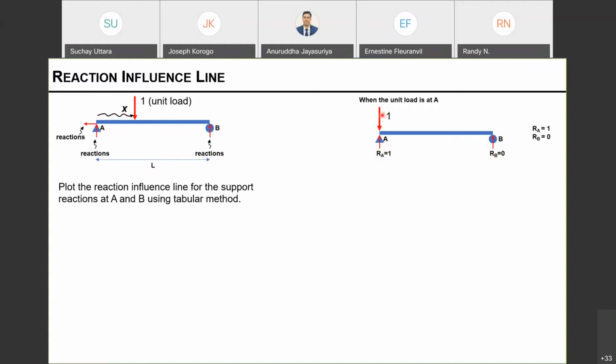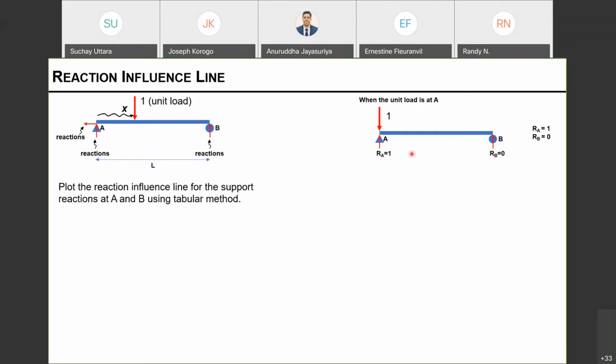Since our unit load is right on top of A, that means my reaction at A is the same, going in the opposite direction. On the other hand, my reaction at B is going to be 0, because that's how this system is in equilibrium.